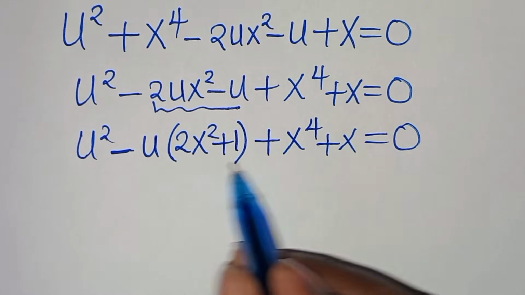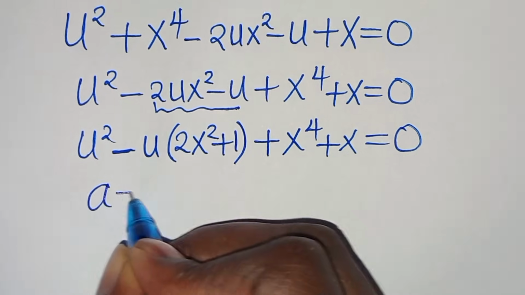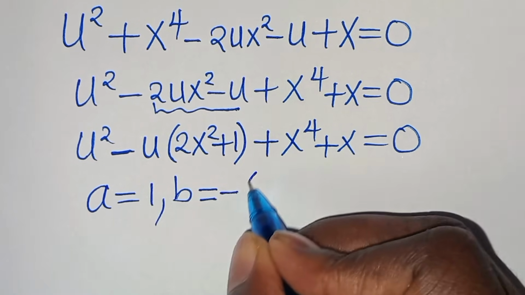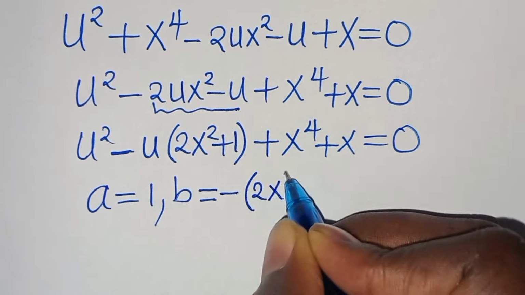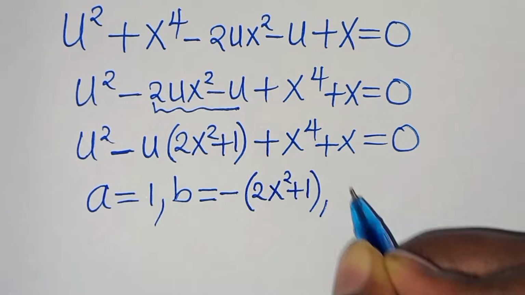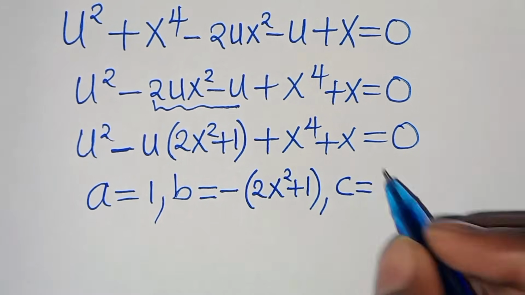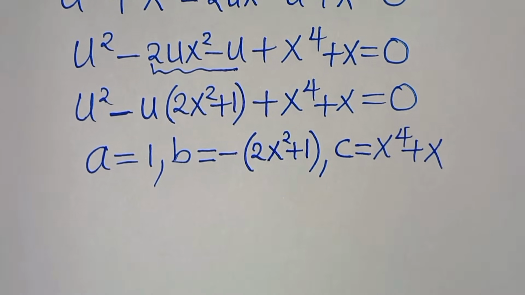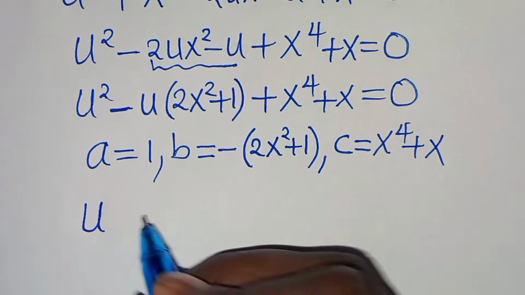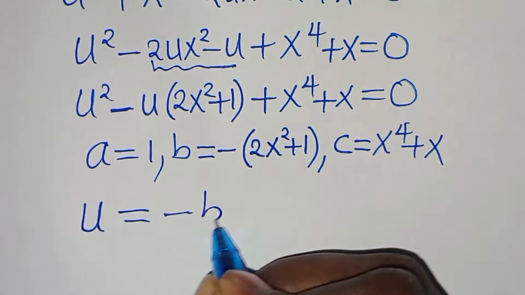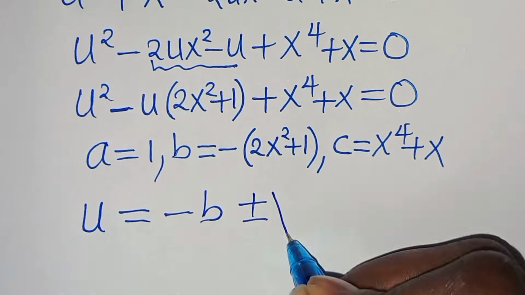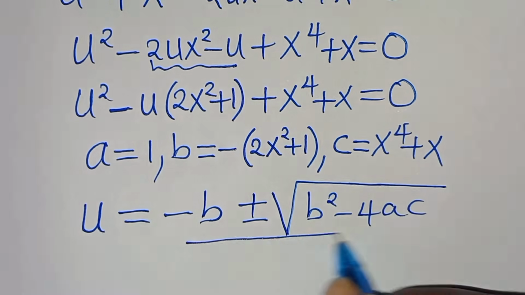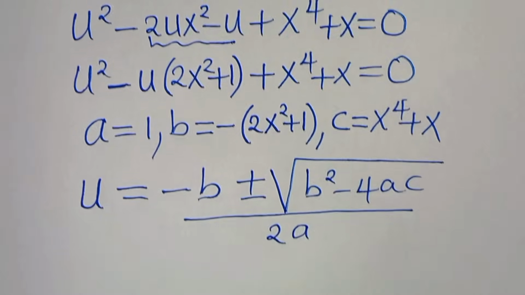Now, this is a quadratic equation, where a is equal to 1, b is equal to minus (2x squared plus 1), and c is equal to x to the power of 4 plus x. Now, to solve for u, we apply the quadratic formula, which is minus b plus or minus the square root of b squared minus 4ac, everything divided by 2a.